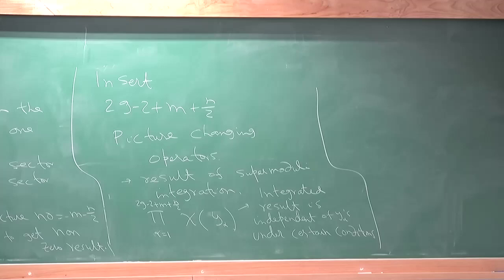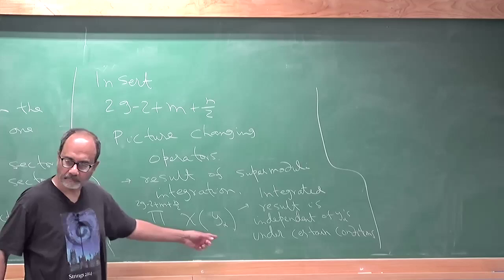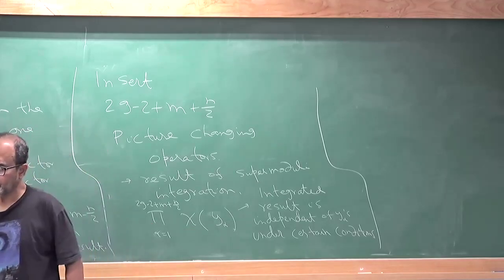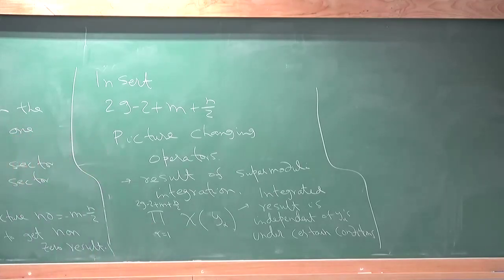There is a similar gauge choice for the gravitino, and basically that gauge choice translates to what these y alphas are. As I said, this is all true under certain conditions, and one of the conditions I'll state now. If that condition is not satisfied, then this expression has to be modified, which I'll also discuss later.